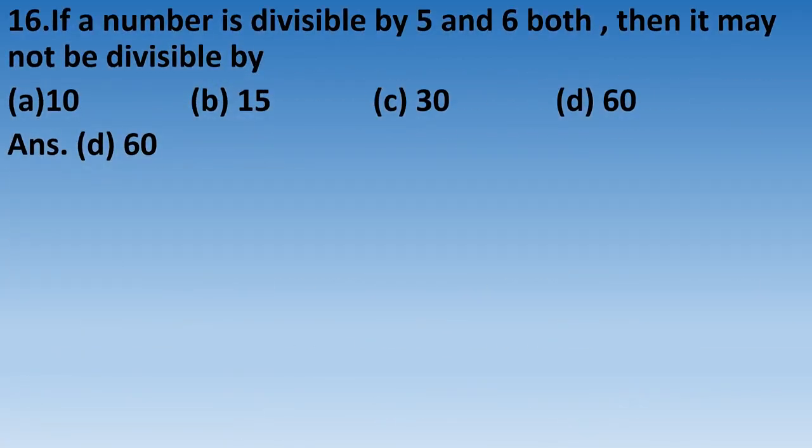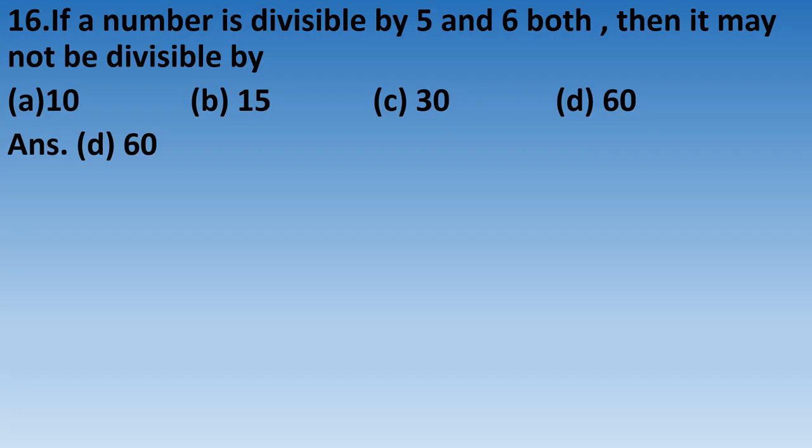16th, if a number is divisible by 5 and 6 both, then it may not be divisible by. Answer is 60. Because 5 and 6, they both are co-prime numbers. Their common factor is only 1.